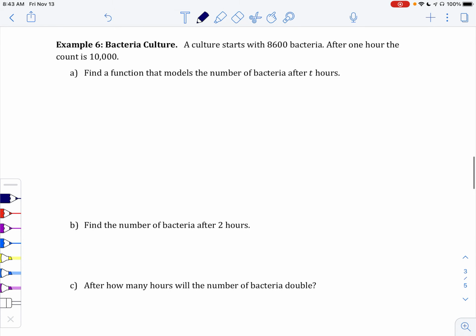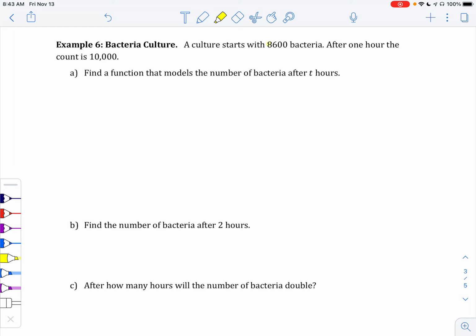This time we're looking at bacteria. All right, so we have a bacteria culture that starts with 8,600 bacteria, and after 1 hour, the count is up to 10,000. So first thing we want to do is find a function that models the number of bacteria after 10 hours. Okay, so let's think about what we have here.